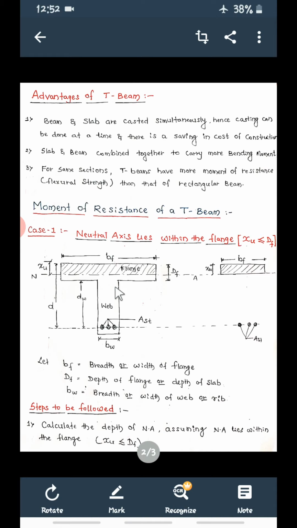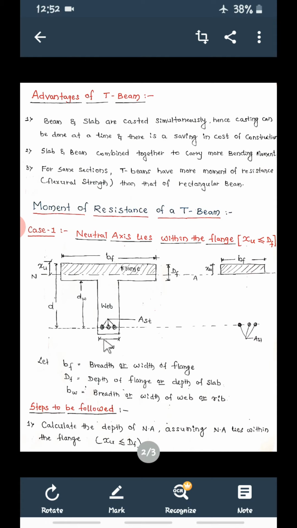They are cast simultaneously, so this will act as a T beam. And as usual, this is the width of the flange, that is BF. B means width, F means flange, BF means width of flange. DF is the depth of flange.